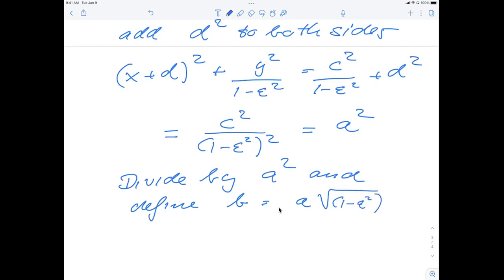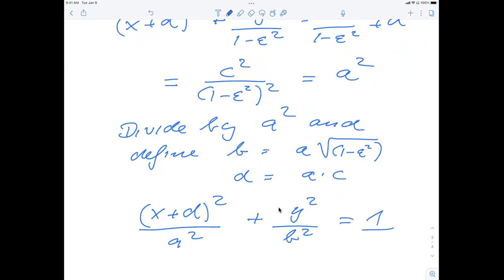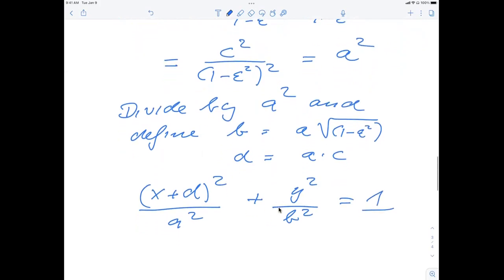And you will see that you can define d as a times epsilon. If we do that, then this equation becomes x plus d squared divided by a squared plus y squared divided by b squared, and that is simply equal to 1. When we do this manipulation, this is an ellipse.